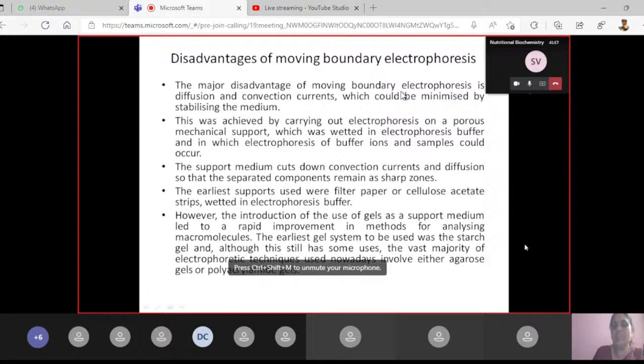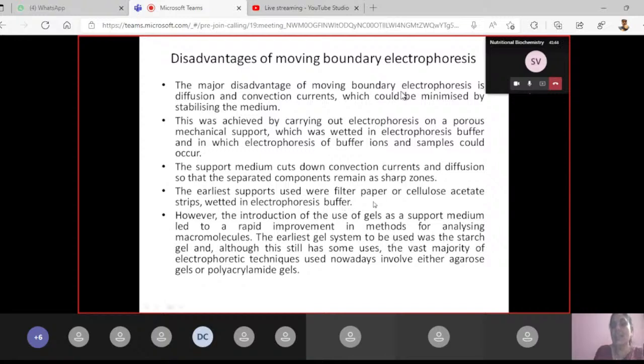Then they came up with paper as a supporting material. They saw that some porous structured material can be useful to hold the sample and maintain a stable sample. They started using paper and then cellulose acetate, and after that they started using gel.